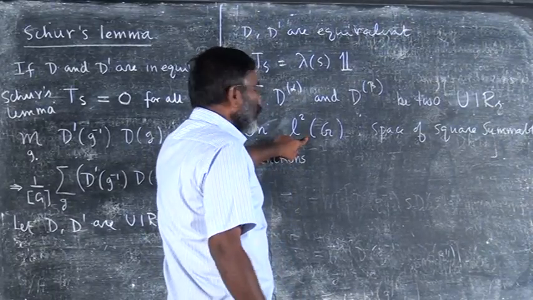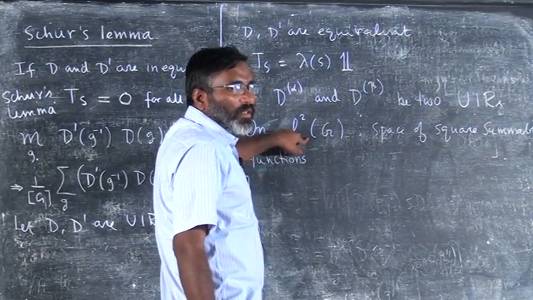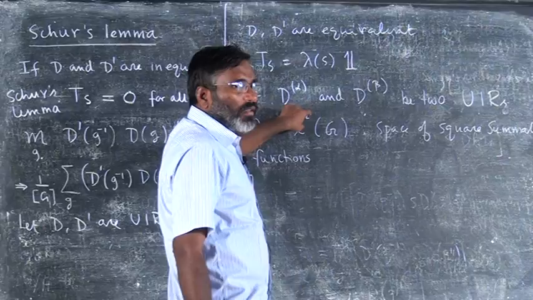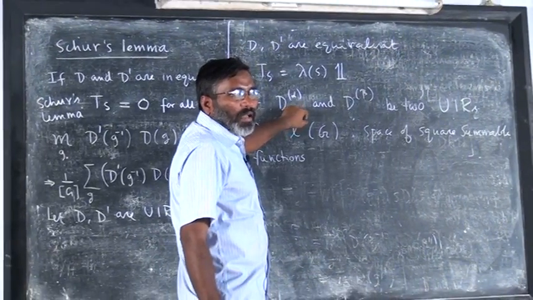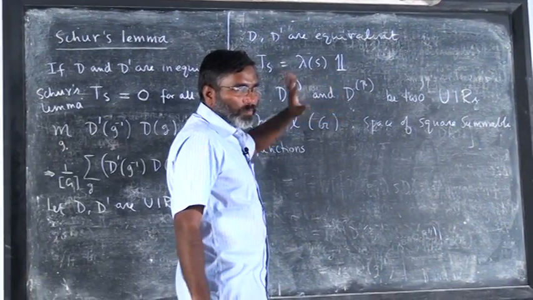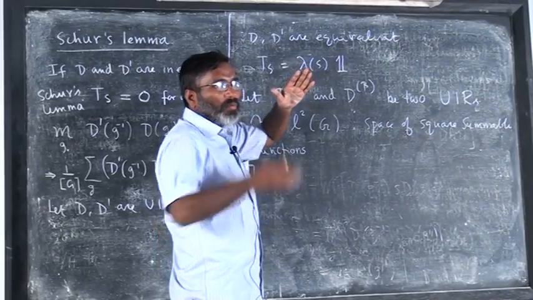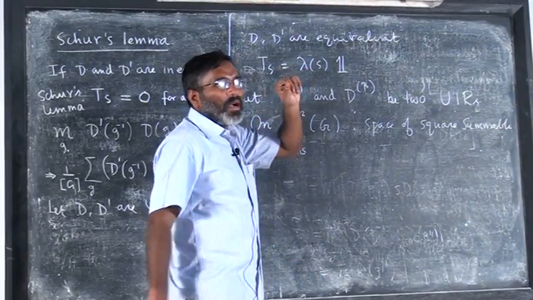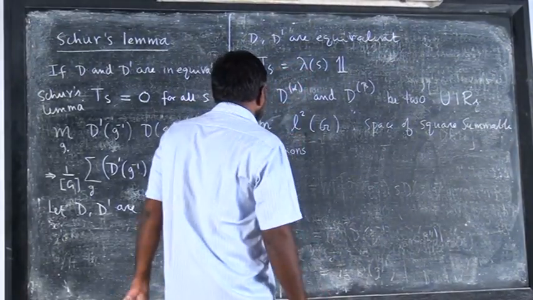What will be the dimension? This is a vector space. What will be the dimension of this vector space? Dimension of this vector space is the order of the group, because as many group elements as there are, so many components will be there in this vector space.